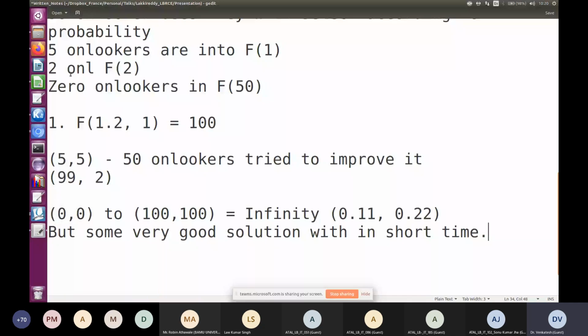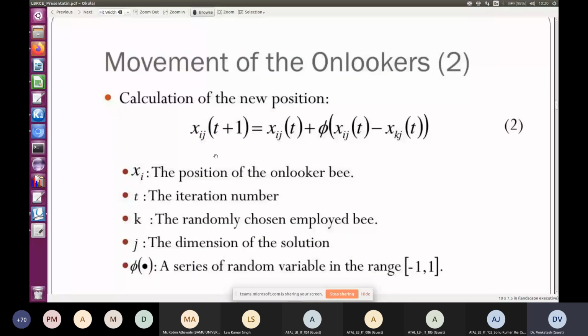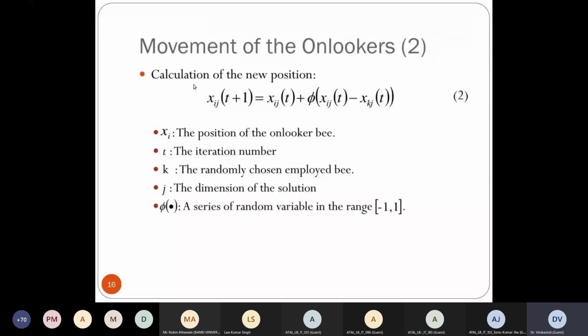So this is for one of the continuous optimization problems, how this artificial bee colony algorithm can be used. The same thing, whatever I told, this mathematical equation tries to find a new position in the neighborhood. If in this new position we are able to find some good solution, then the earlier solution will be replaced with this new solution.